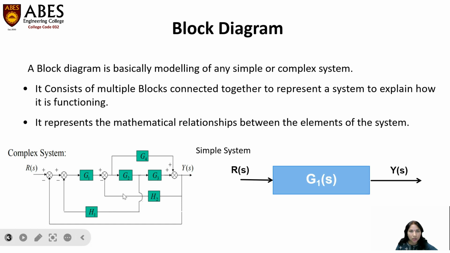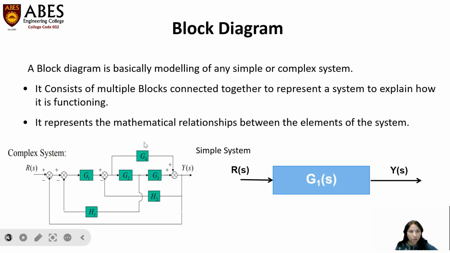Now by using the block diagram reduction technique, we can reduce these multiple blocks into a single block. On the right hand side, there is a simple system in which only one block is there, G1(s). So we can reduce this whole complex system into a single block.